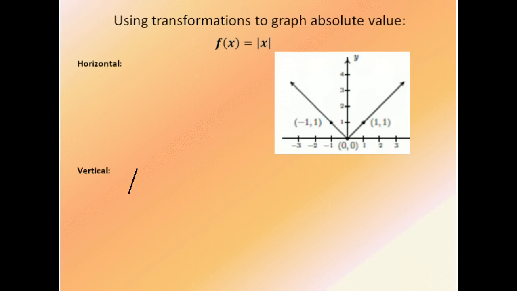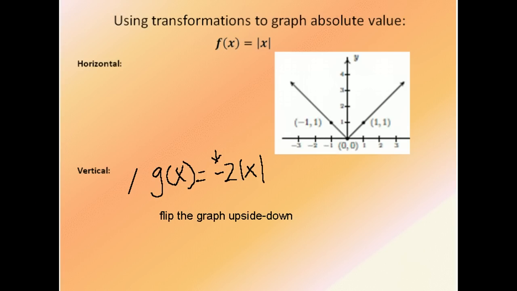One more thing that could happen is that I could have, for example, g of x is equal to negative 2 times the absolute value of x. What a negative is going to do is it reflects over the x-axis or flips the graph upside down. So now our v will be going down instead of up, and we will have a maximum value rather than a minimum value.